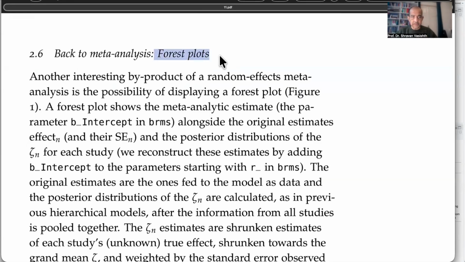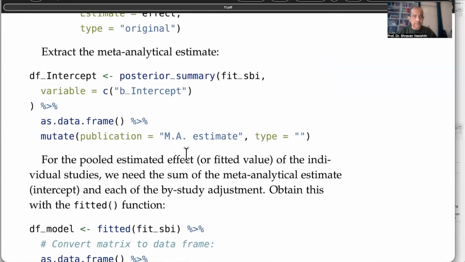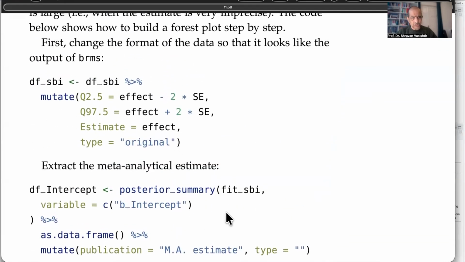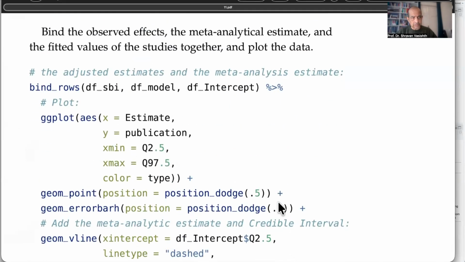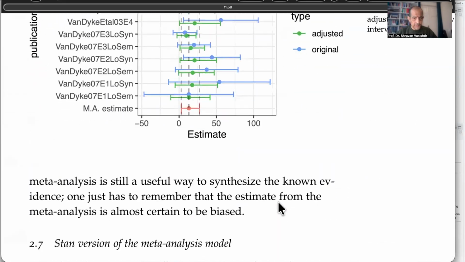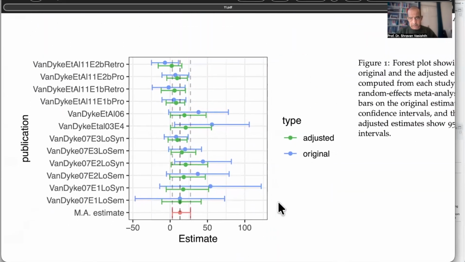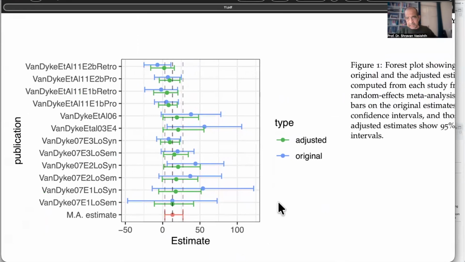Okay, so one other thing you can do with the Bayesian random effects meta-analysis that we did was to build a forest plot, and the forest plot can be very interesting. I won't discuss this code because it's just bookkeeping to produce the ggplot output. So I'll show you the ggplot output. This is how we generally summarize random effects meta-analysis.